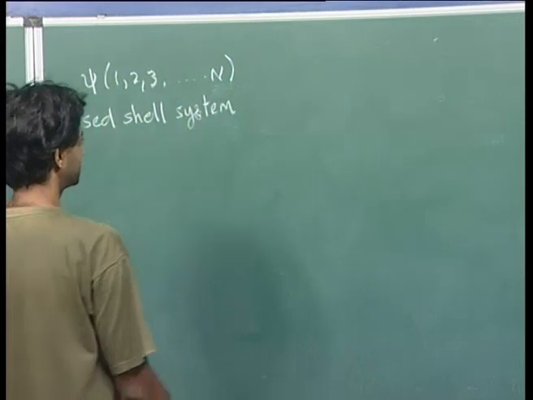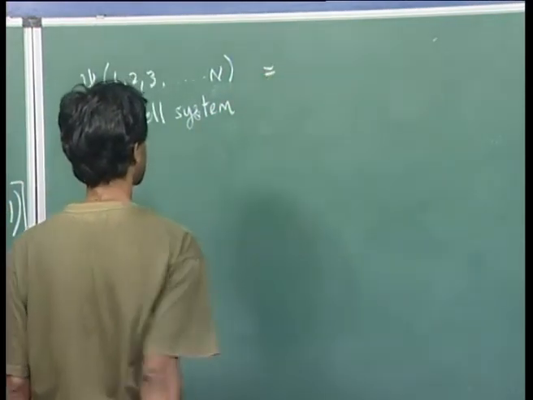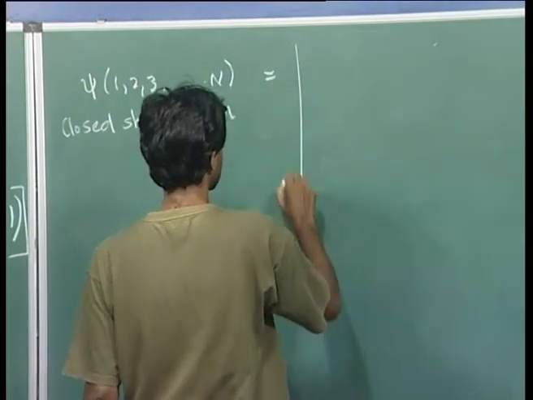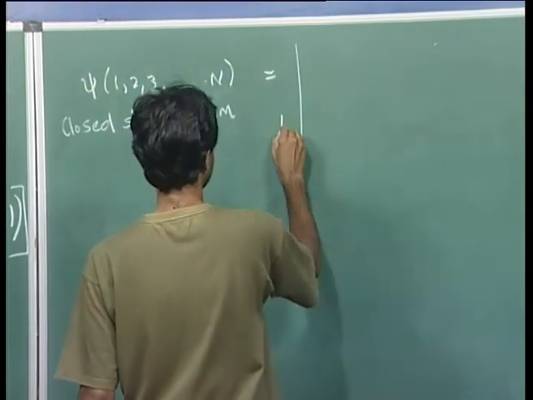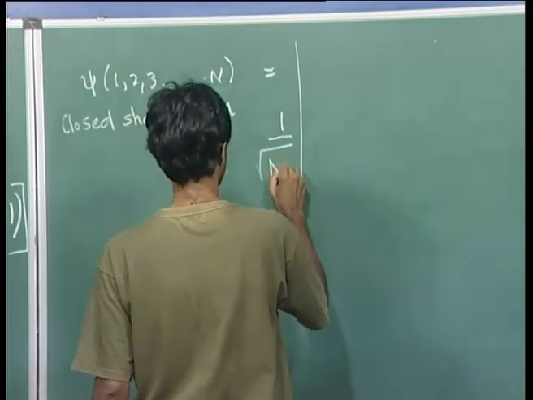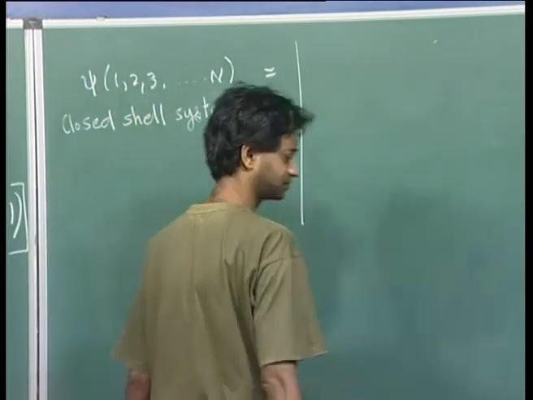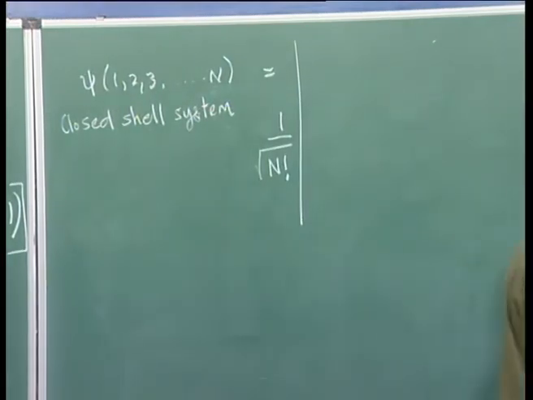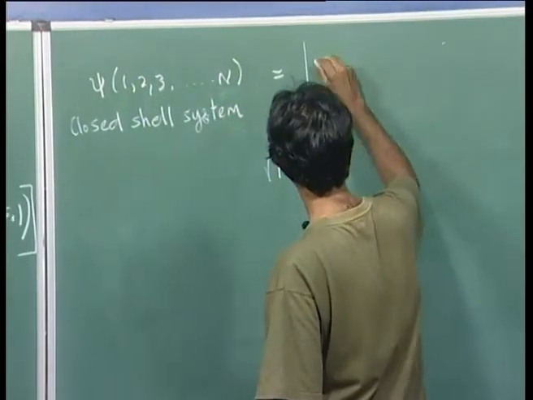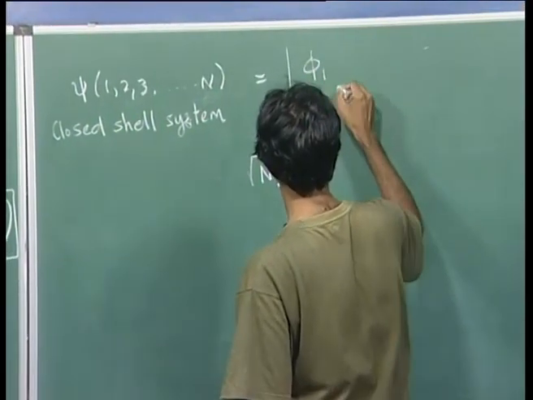In this case you can write this determinant in this form: 1 over square root of n factorial. That is the normalization constant.